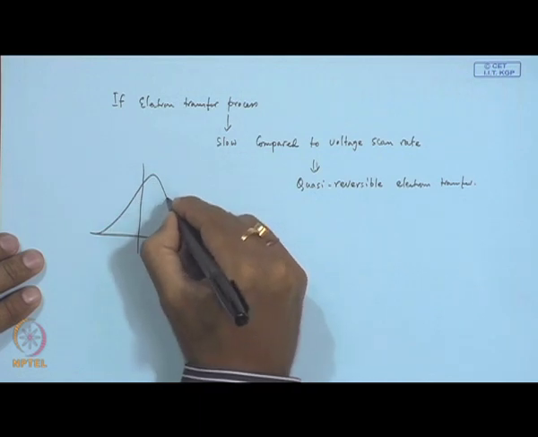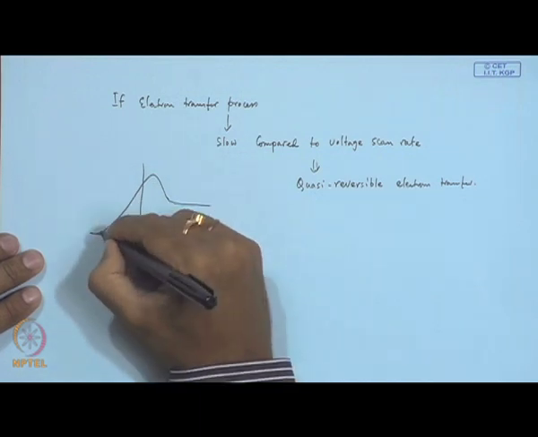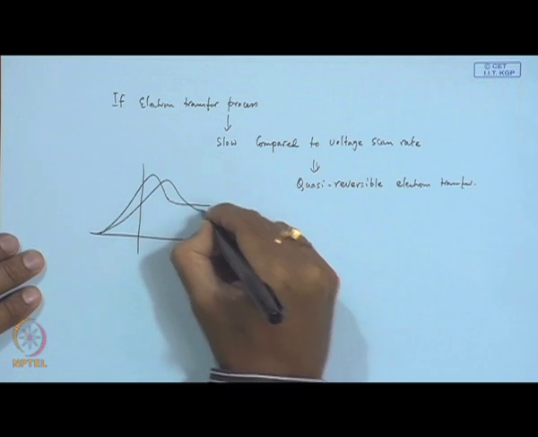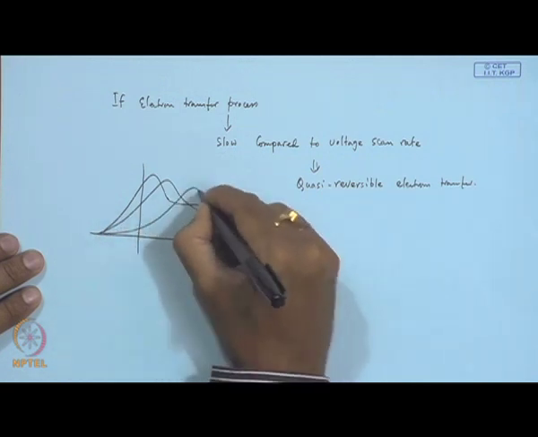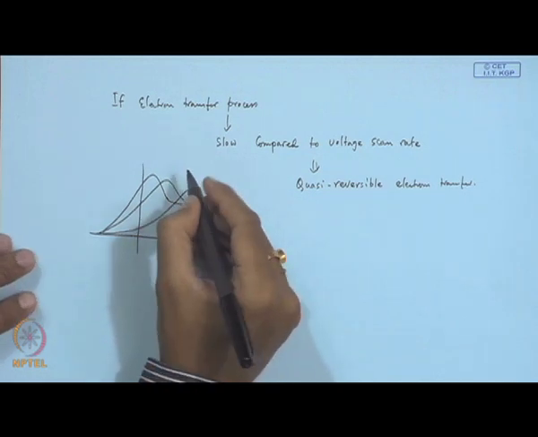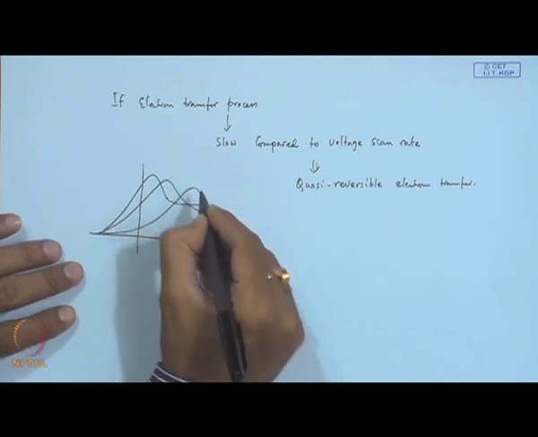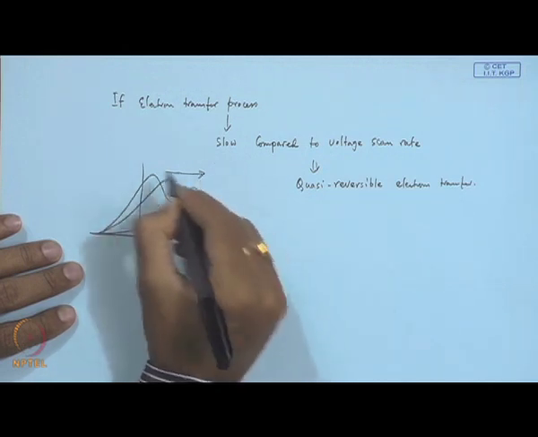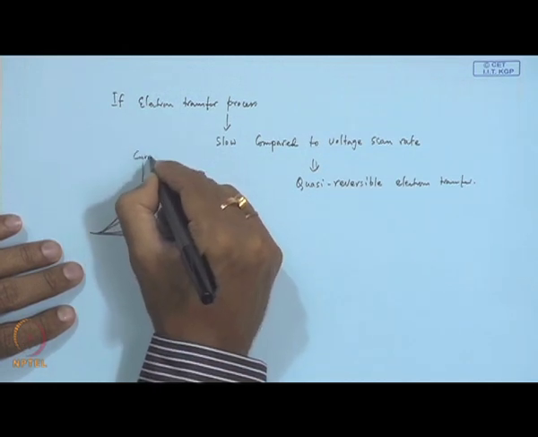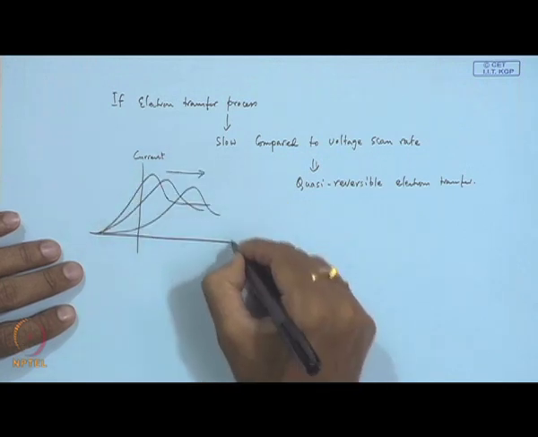In one case it is like this, maybe in another case it is like this, or maybe in still another case it is like this. So in this way, slower and slower. So it is current and voltage.